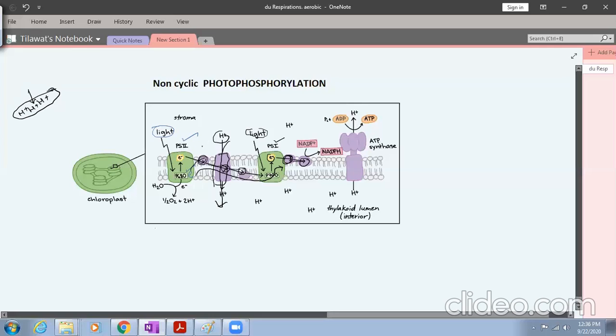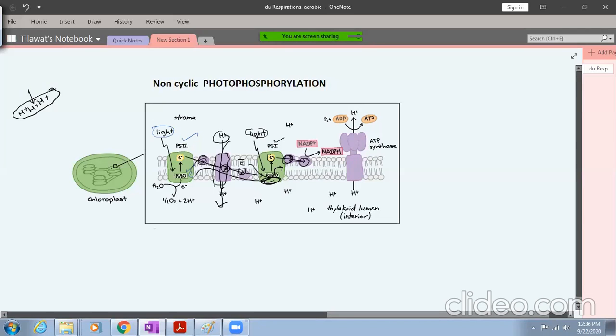Now if you see here, when the electron jumps from photosystem 1 to the primary electron acceptor, this photosystem will remain ionized. Ionized means having a charge because it has lost an electron. So that gap will be filled by the electron that is coming from photosystem 2.